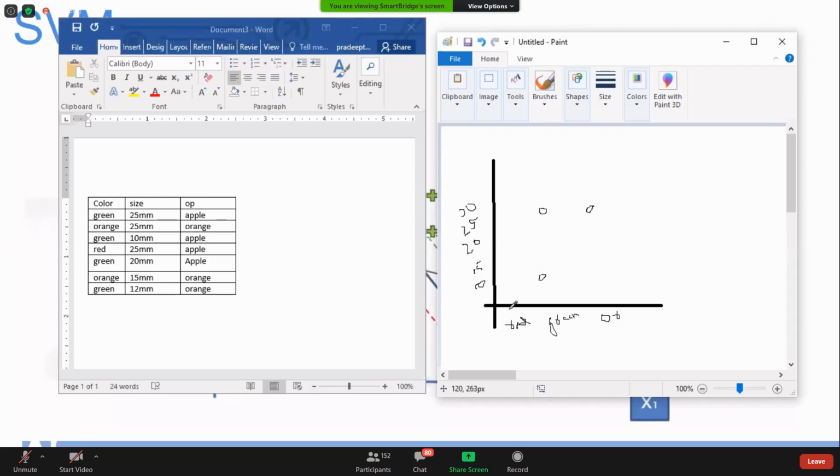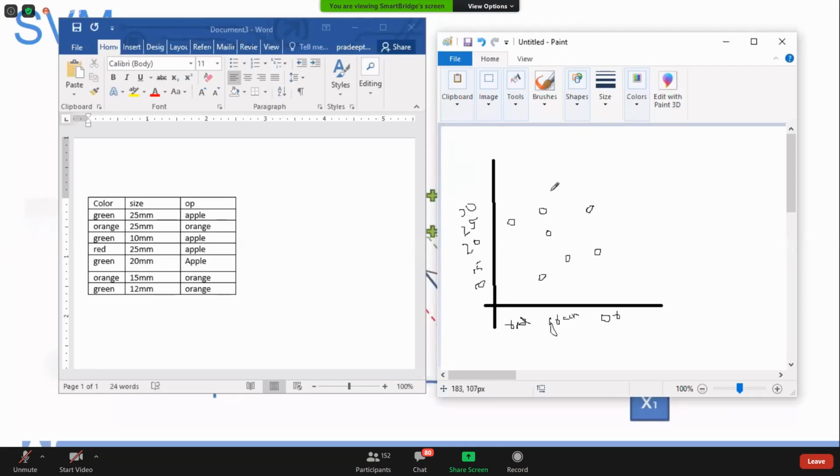Next, red, 25. I consider it as apple. Next, green, 20 millimeters. I consider it as apple. Then orange, 15 millimeters. I consider it as orange. Green, 12 millimeters. I consider it as orange.